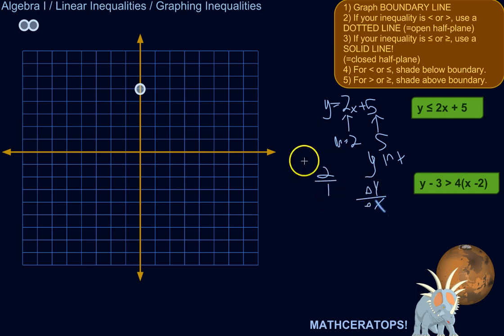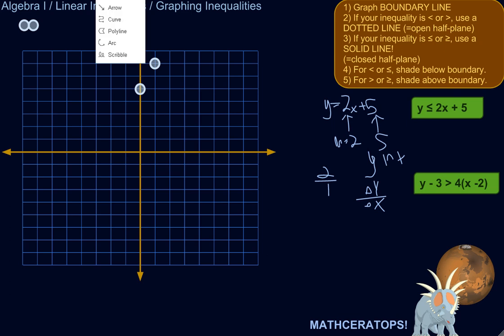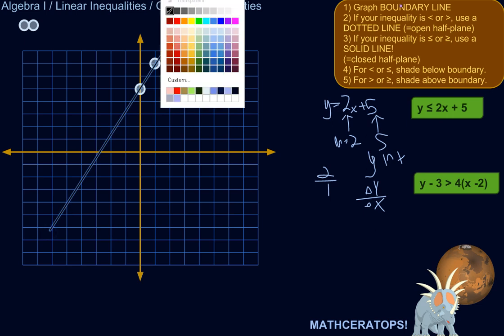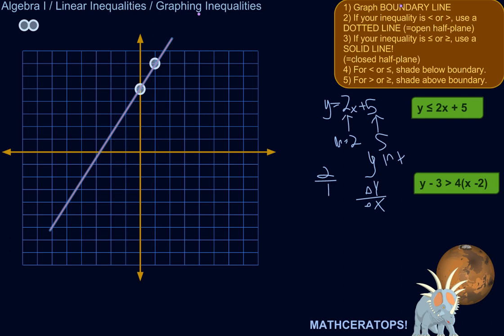So slope of 2 over 1 means I go up 2 and over 1. So I can go 1, 2, and over 1. Now I can connect the points to draw my boundary. So let's do purple.